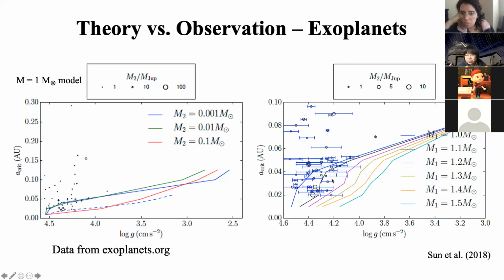But in reality, if the star is actually a 1.2 solar mass star, we need to compare with the 1.2 solar mass a_crit line. So our conclusion is that the uncertainty in measuring the star mass may explain the disagreement between theory and observation.